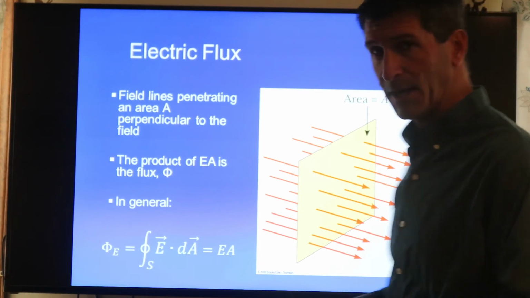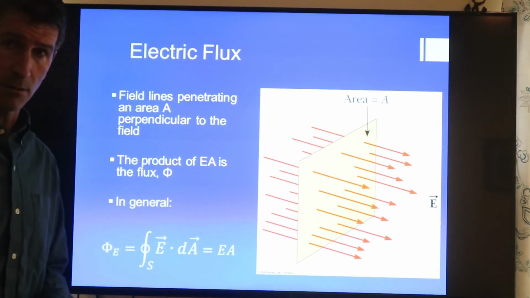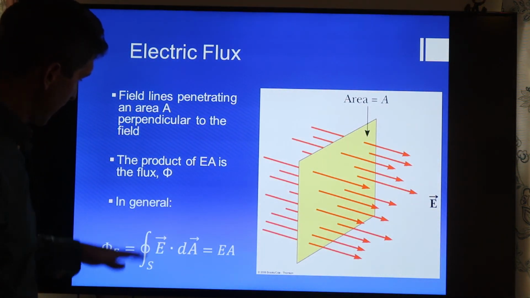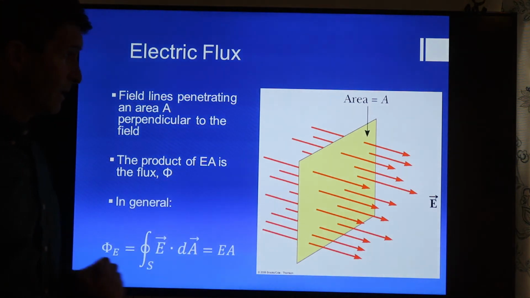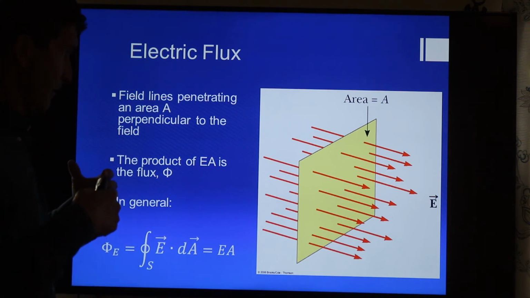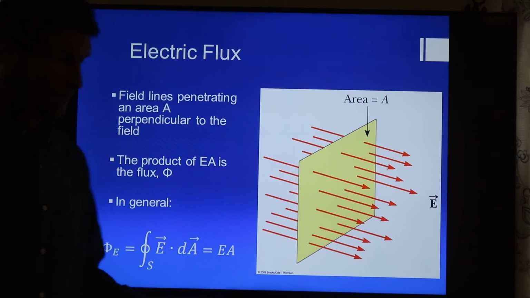In that particular case, it gets really easy, and this is going to be most of the cases that we're going to handle when we're calculating Gauss's law. We're going to look at the electric flux for the case where not only are the electric field lines perpendicular, they're constant, and the area is well known. Real simple to do, right?